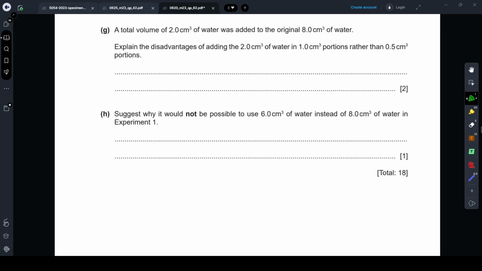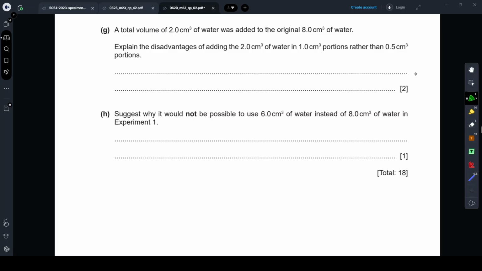Adding like a huge portion. Not huge. Just 1 centimeter cube portions rather than 0.5 centimeter cube portions. Okay, so adding 1.0 centimeter portion. Does this result in fewer data points?